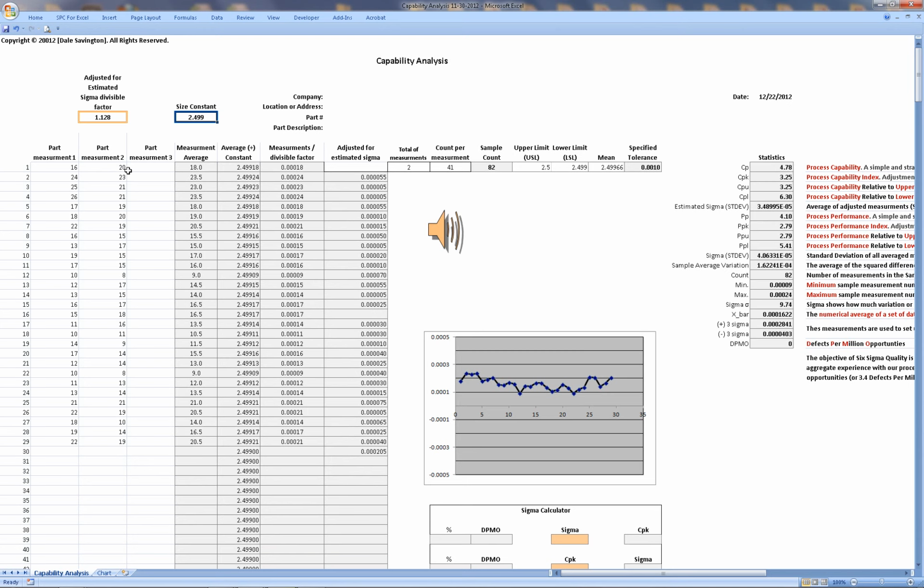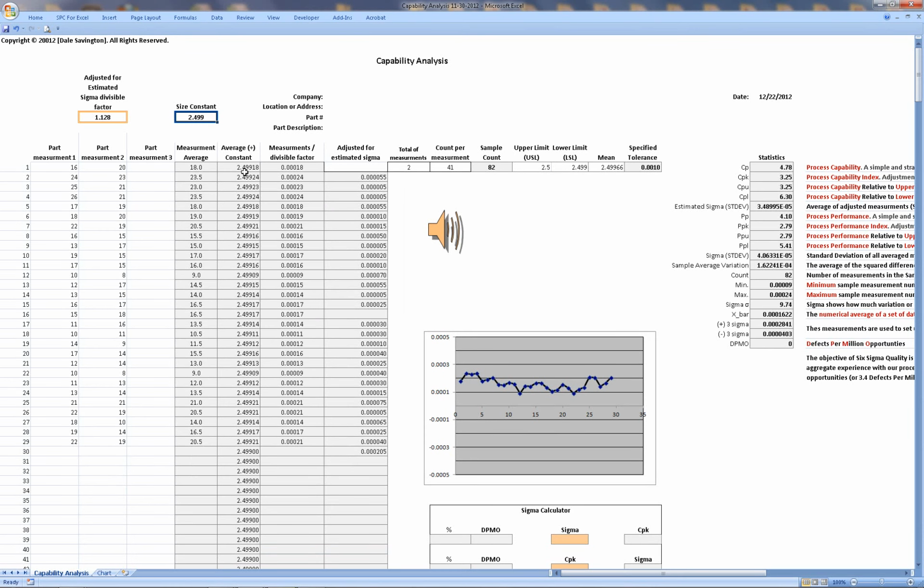That said, the actual number will be entered as the measurement average up to 3 measurements for a particular area of the part. In this case, we have 2, and that measurement average comes out to 18, which is where you see the measurement divisible factor showing 0.00018 or added to the 2.49918.